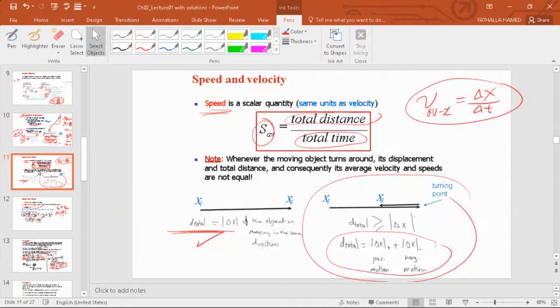So your average speed may be equal to your average velocity, but usually it's different. And you should distinguish between average velocity and average speed, because many people sometimes talk about speed. Average velocity and average speed are not related. And in many cases, your average speed is greater than your average velocity.